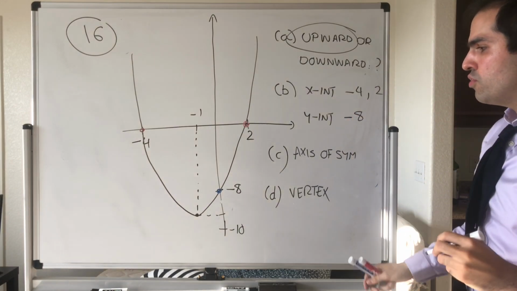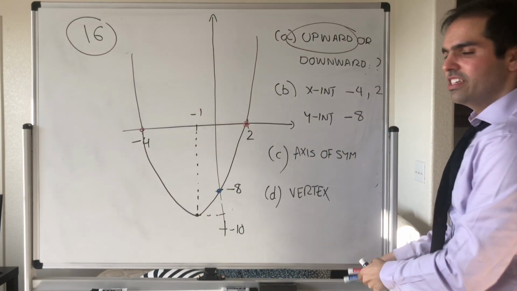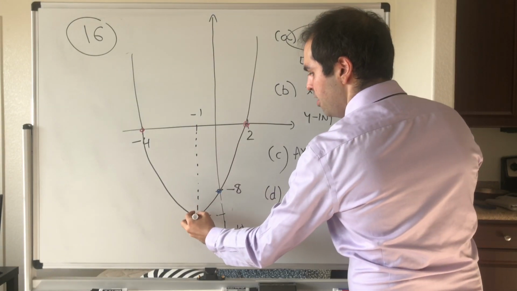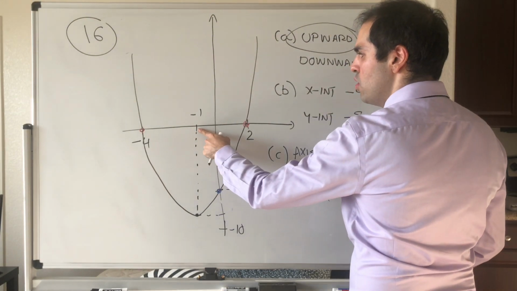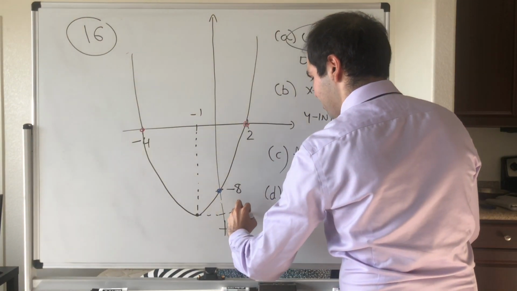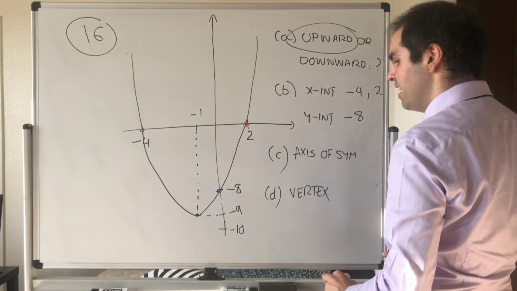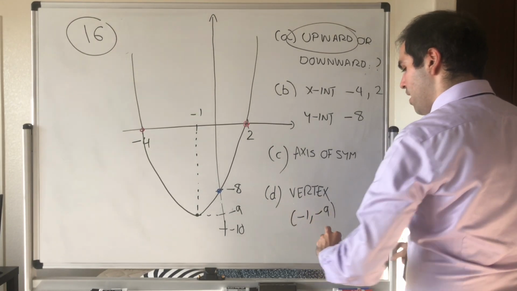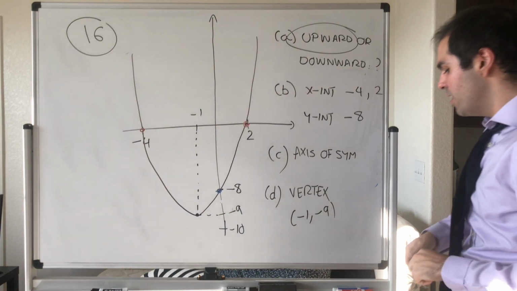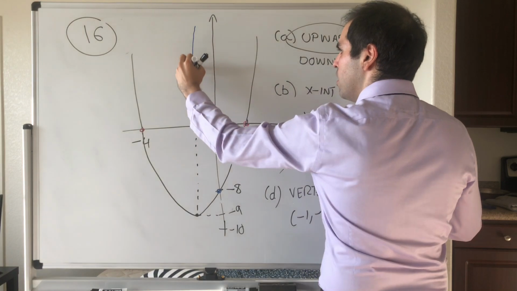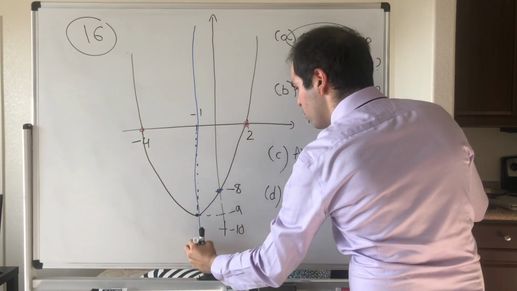And then let's first do the vertex, because it gives us the axis of symmetry. So the vertex, again, where this lowest point is, it looks like it's at -1, comma, -9. Kind of halfway between -8 and -10. And in fact, the nice thing is, what is the axis of symmetry? It's just the x-coordinate of the vertex.